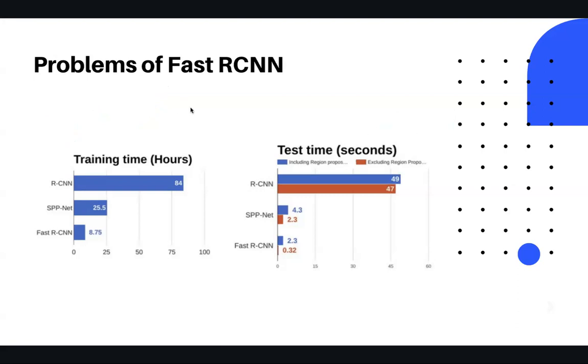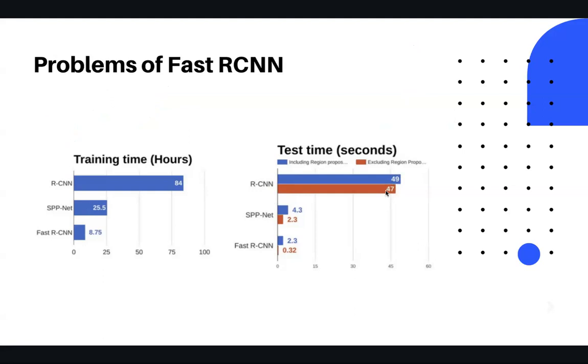Let's look at it. So this is RCNN with selective search and without selective search. And as we can see, with selective search, it's 49 seconds. Without selective search, so if we don't calculate selective search, we just take away that calculation, it becomes 47. So clearly, the issue of speed is not because of selective search.